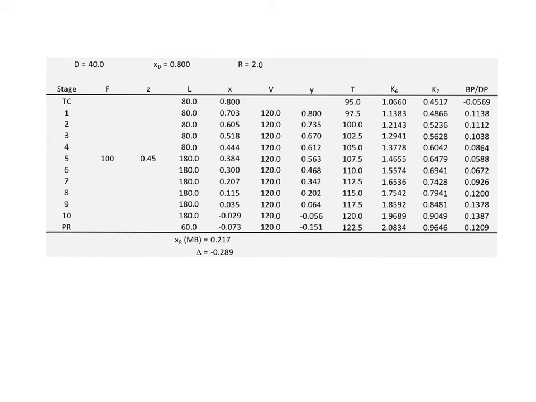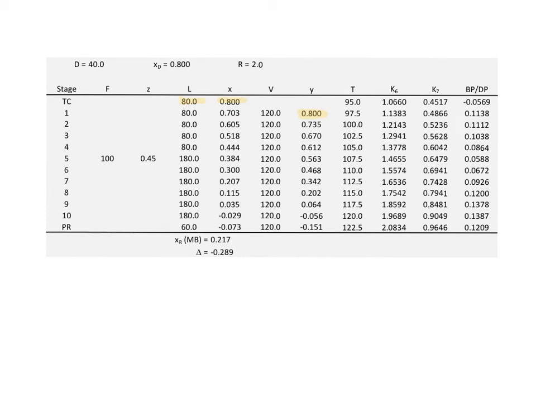Now the liquid flow rate coming out of the condenser right here is based on the distillate flow rate and the reflux ratio. So R times D is 80. The composition of that stream is just what we guessed, XD. And the composition of the vapor leaving tray 1 is the same as the distillate composition, so that is just called from the cell here.